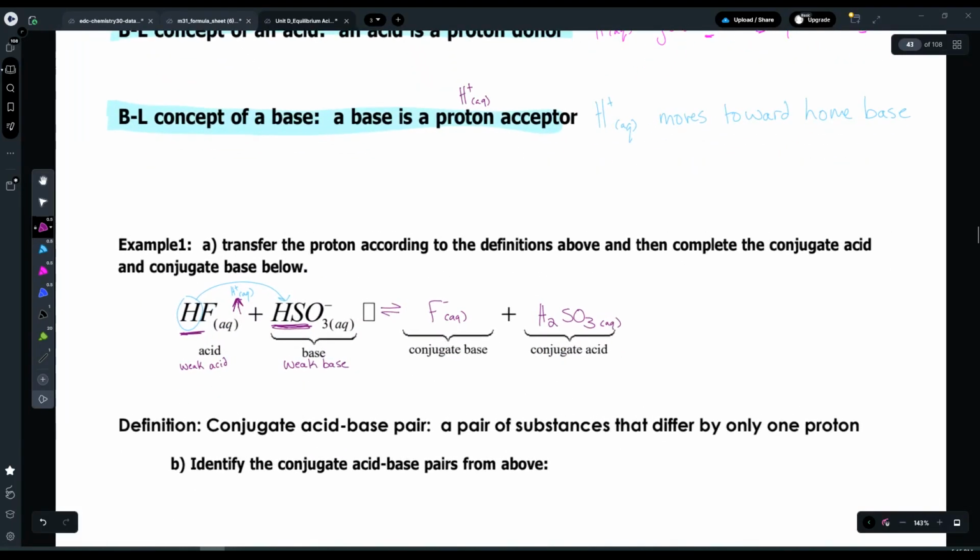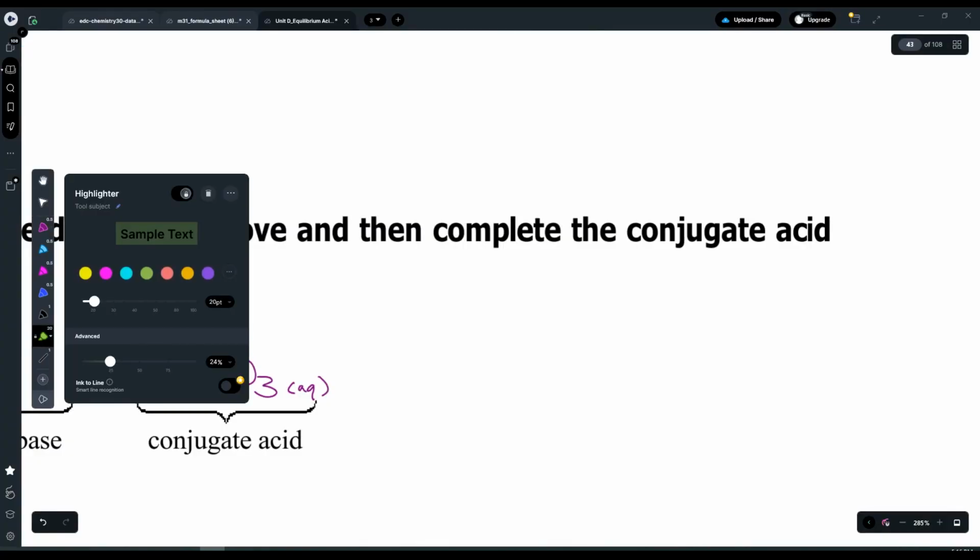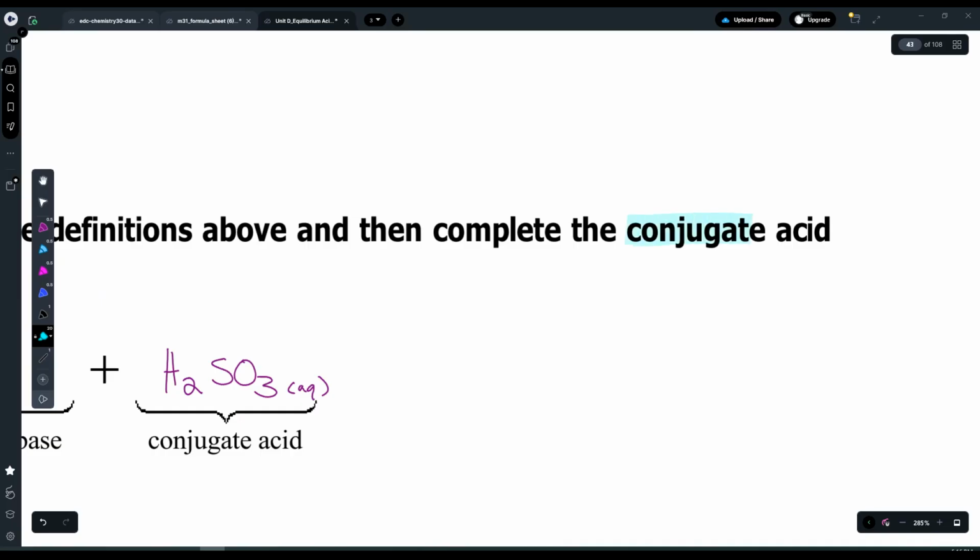Okay, so conjugates, you could think of that word as meaning like partners, essentially. So this word kind of means partner.